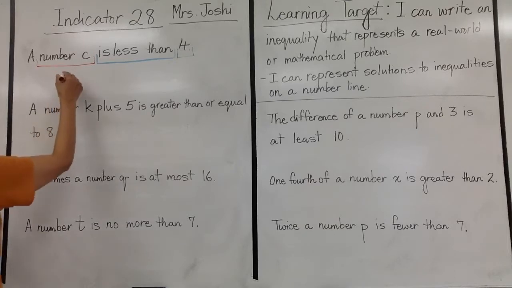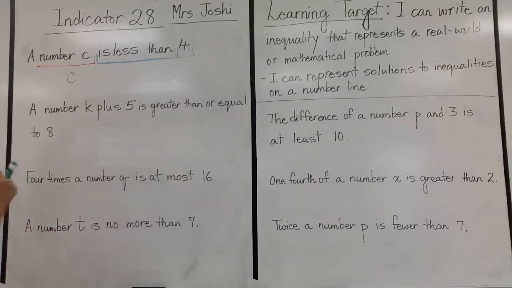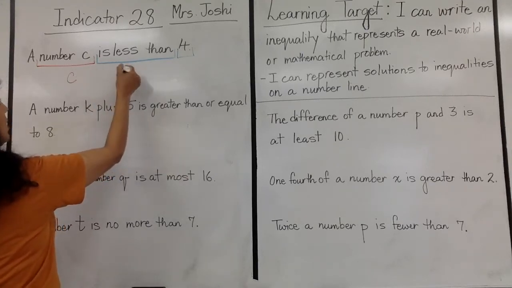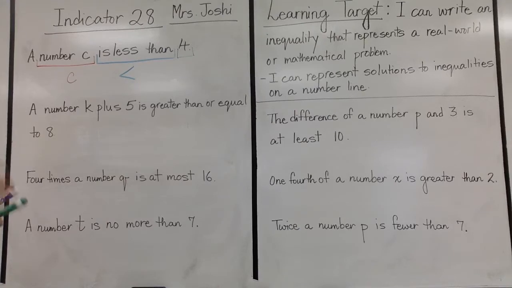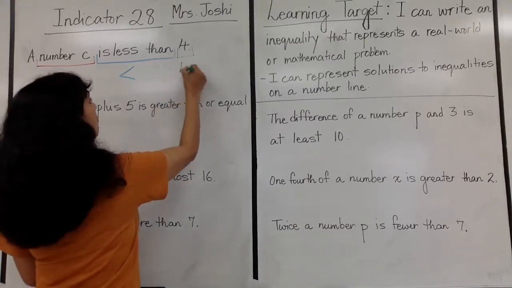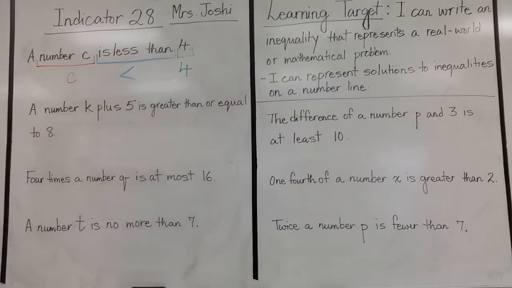I'm going to write a number C. It is less than, so that means anything else is greater than that. So C is less than, and here's 4. So C is less than 4, and here is my inequality written out. Right now, first let me just show you how to write the inequalities, then I'll show you how to graph this in a minute.